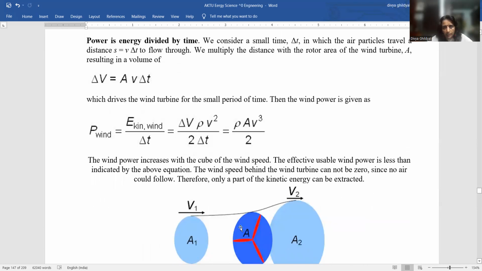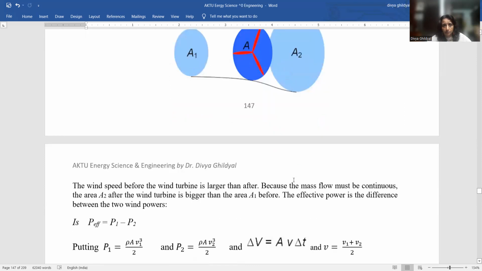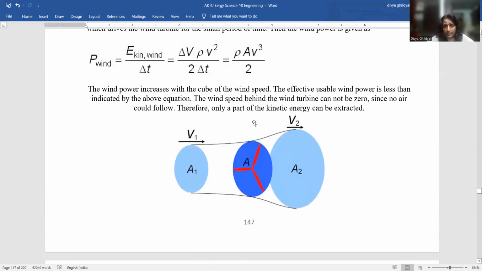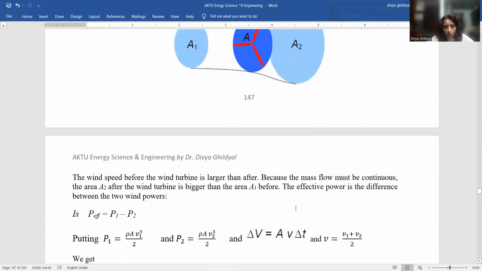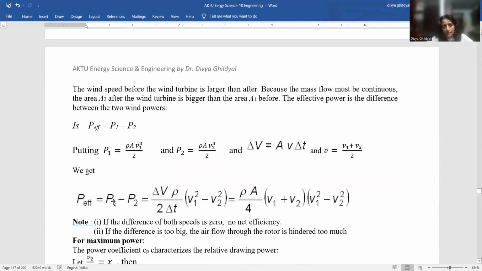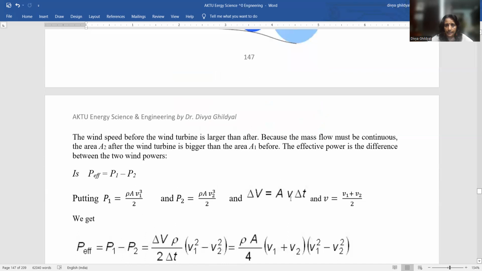So the power increases with the cube of wind speed, as you can see. And there is a variation when this speed is flowing. A pressure difference is created because of this. So the effective pressure difference can be found by subtracting, for P1 you keep where it is entering and P2 you keep where it is exiting.